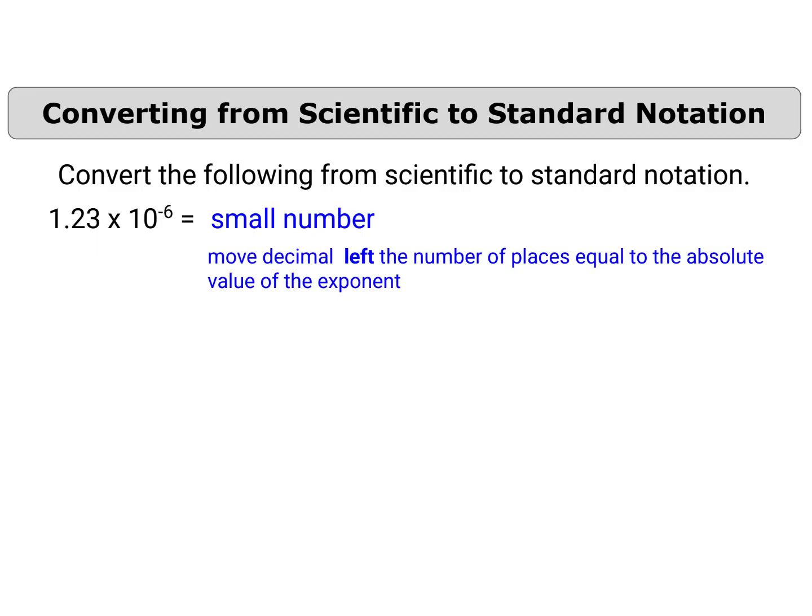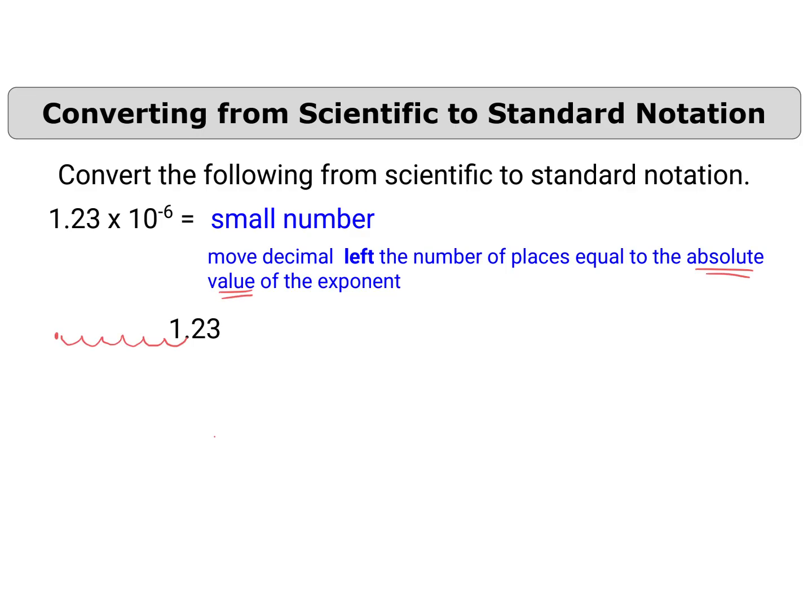So recall that if we have a negative exponent, that means we're going to have a small number. Here we will want to move the decimal to the left, the number of places equal to the absolute value of the exponent.